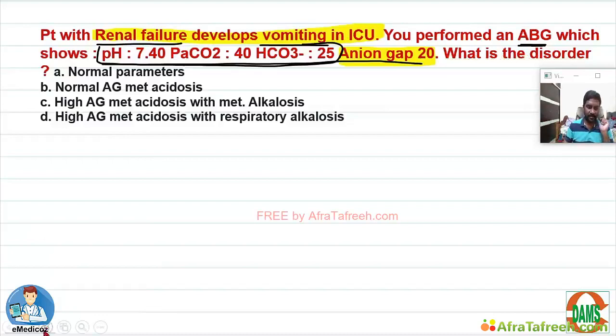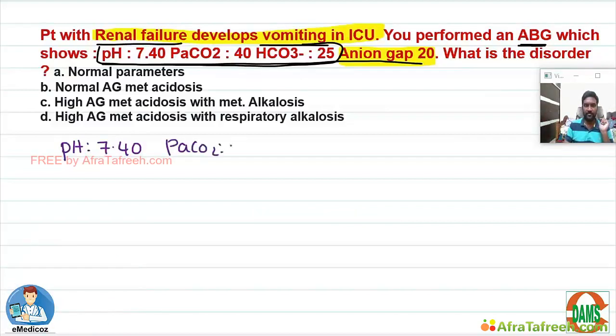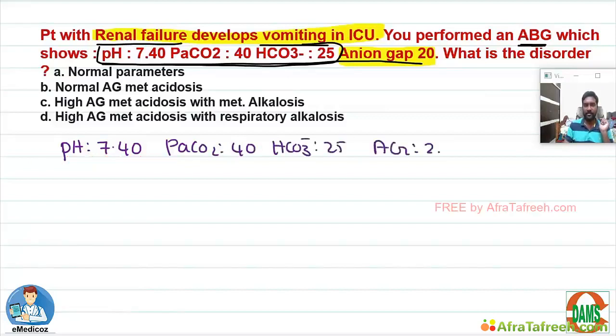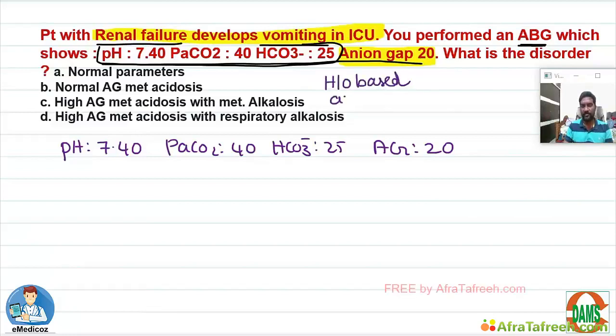Let me write down the parameters and explain better. pH 7.40, PaCO2 40, bicarbonate 25, and anion gap is 20. Whenever they give you an ABG, you should go with the history-based approach first. Next will be the ABG-based approach.